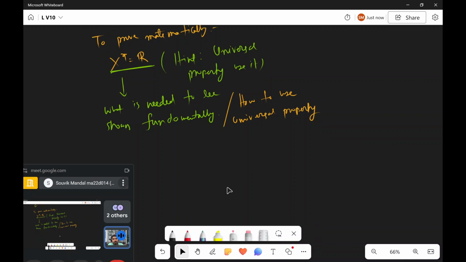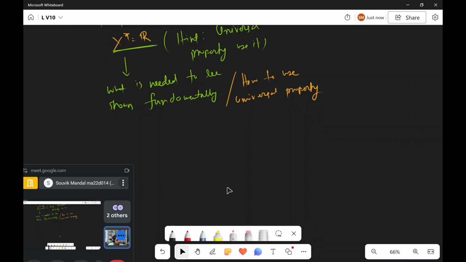Let me explain how to use the universal property. Basically, you need to do what? We need to find a map. What map? A continuous map.